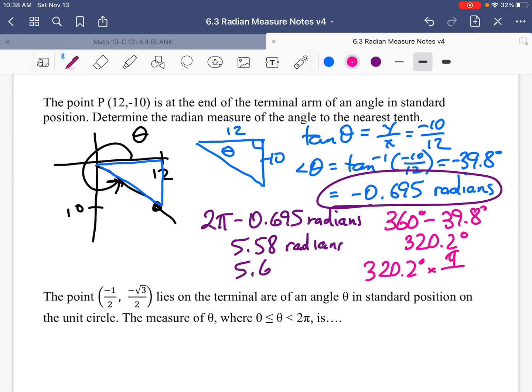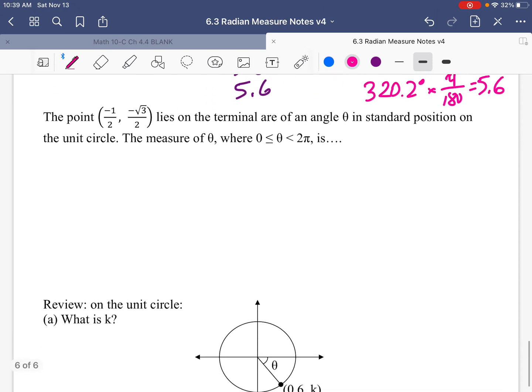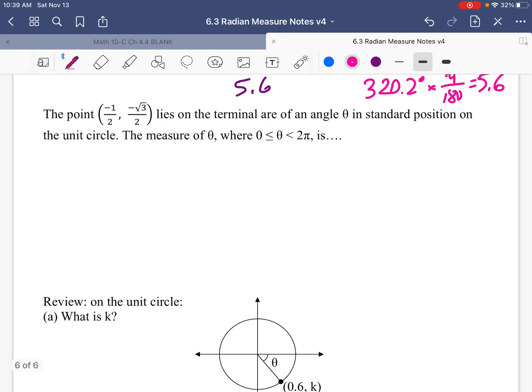So 320.2 degrees times pi over 180 gives me 5.58, sorry, 5.6, never mind. So, do it in degrees and convert to radians at the end, or convert it to radians, doesn't matter, you should get the same answer.